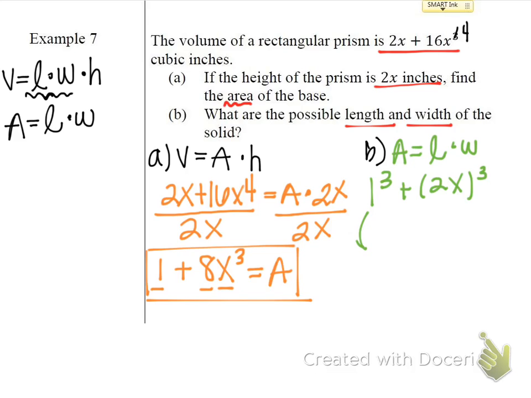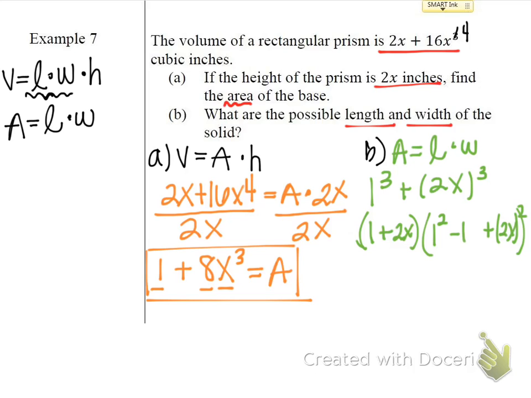So I'm going to set up a small and a large parentheses, same, opposite, always positive, and then fill in the blanks. So my first bases go here, 1 and 2x. First blank is the first base squared, and second blank is the second base squared.